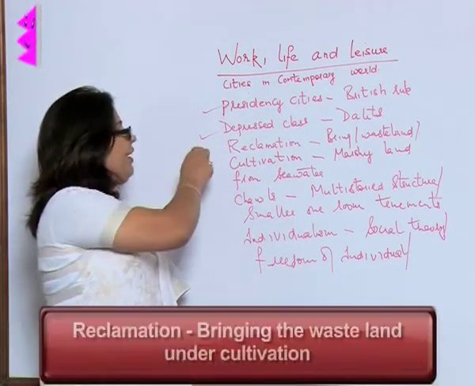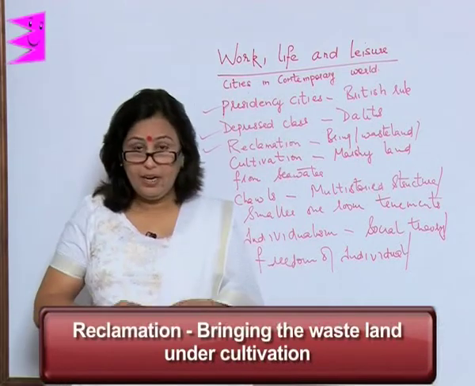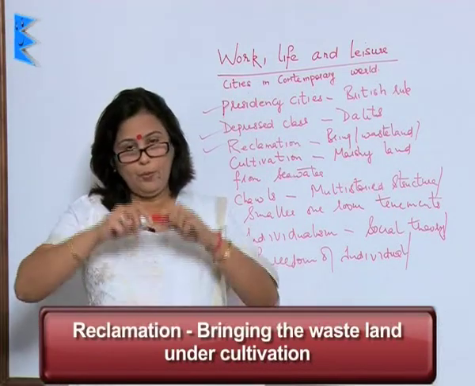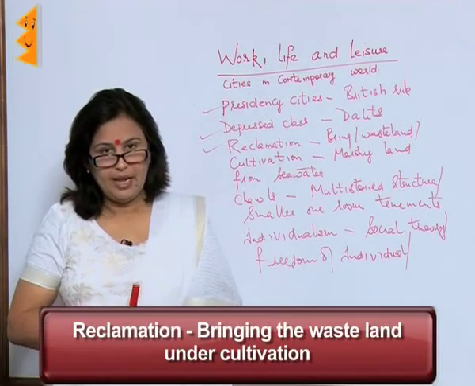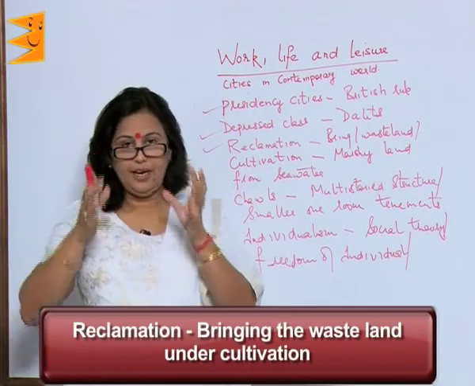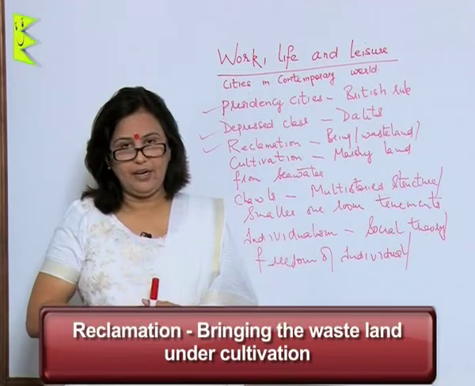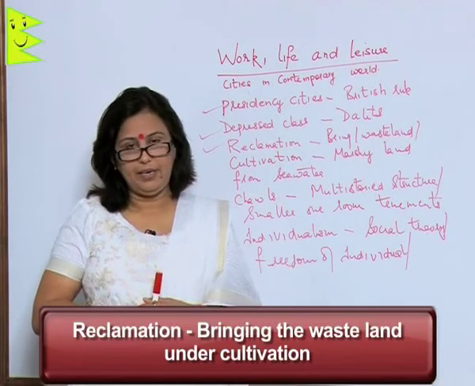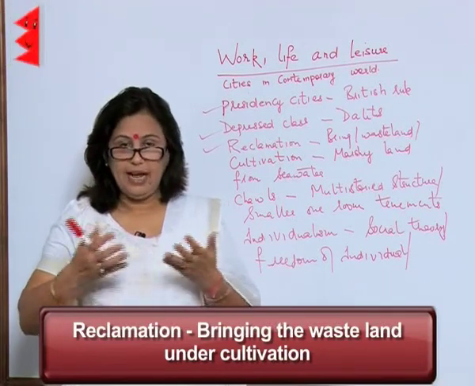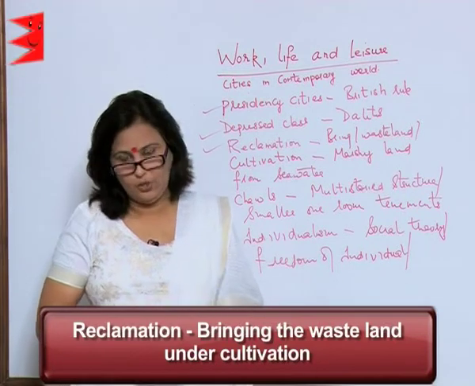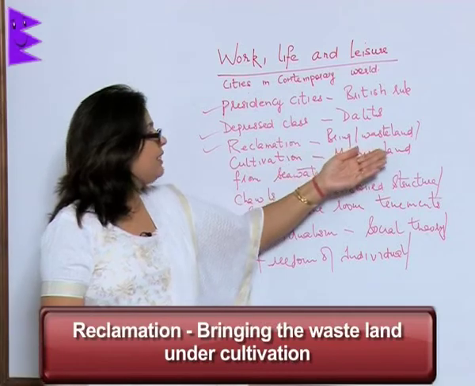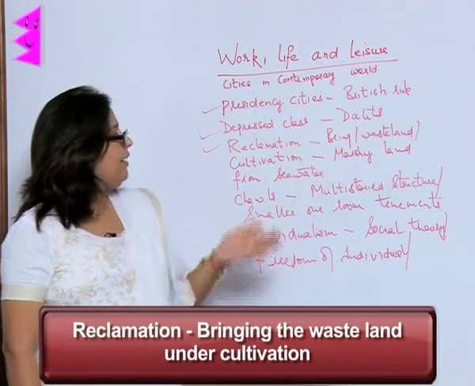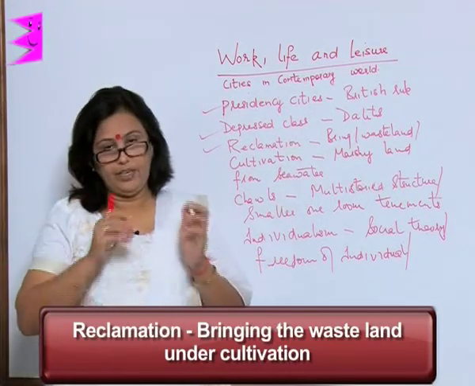Next is reclamation. Reclamation is required when the population of the city increases and there is a need of extra land for various activities and the land of the city has been exhausted. Then what do you do? Then you bring the wasteland under cultivation.